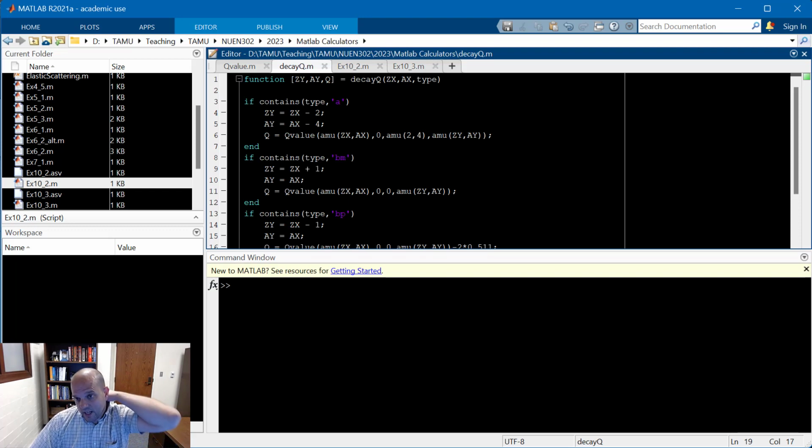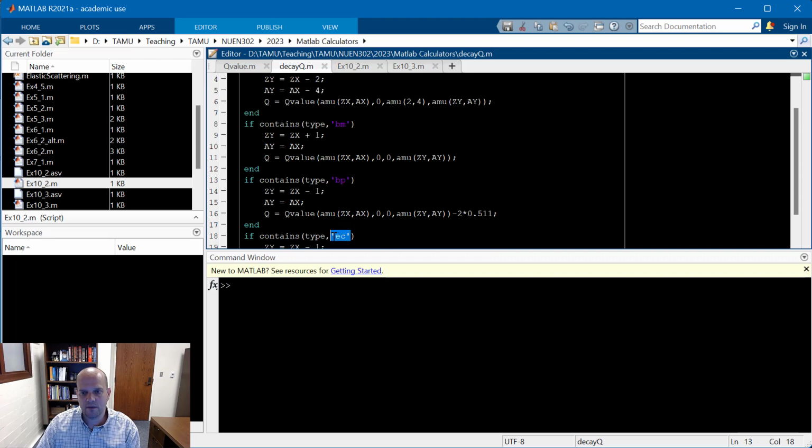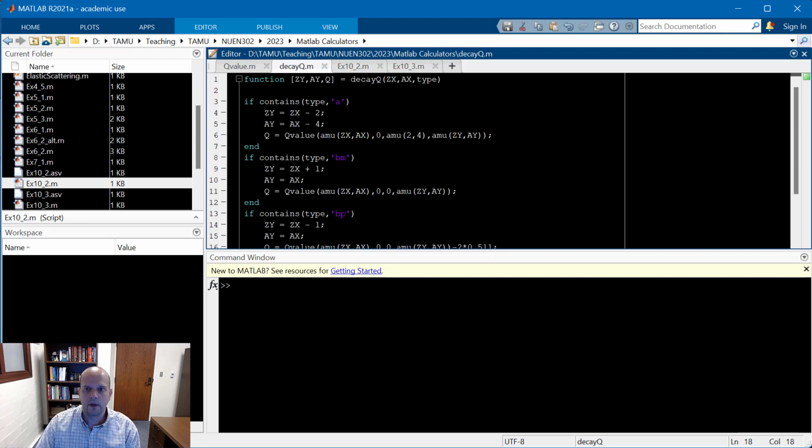I can say, just tell me what the Q value is, and I'm going to call this function decay Q, and I want the inputs to this to be the number of protons in the parent and the number of nucleons in the parent. And the other input to this is this type, which I'm going to specify as either A for alpha, BM for beta minus, BP for beta positive, or EC for electron capture.